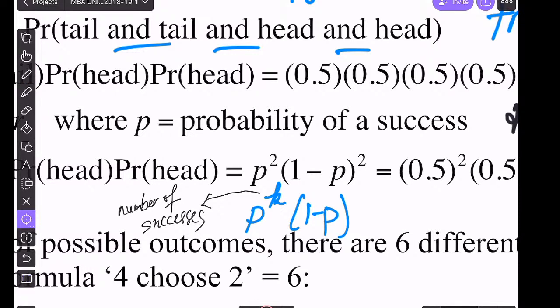And that leaves 2 failures, right? Or in general, what's the symbol I put here for the number of failures? If K are successes, what would be the symbol for failures?